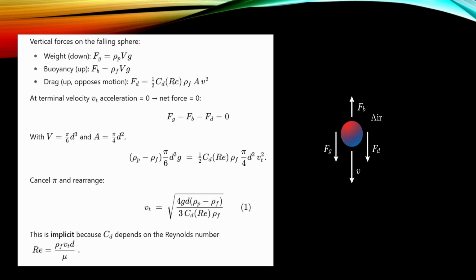Typically in this kind of cases we want to know the final velocity of these balls, and this can be calculated, but it's also quite complicated because we have that drag coefficient there, and it's dependent on Reynolds number.